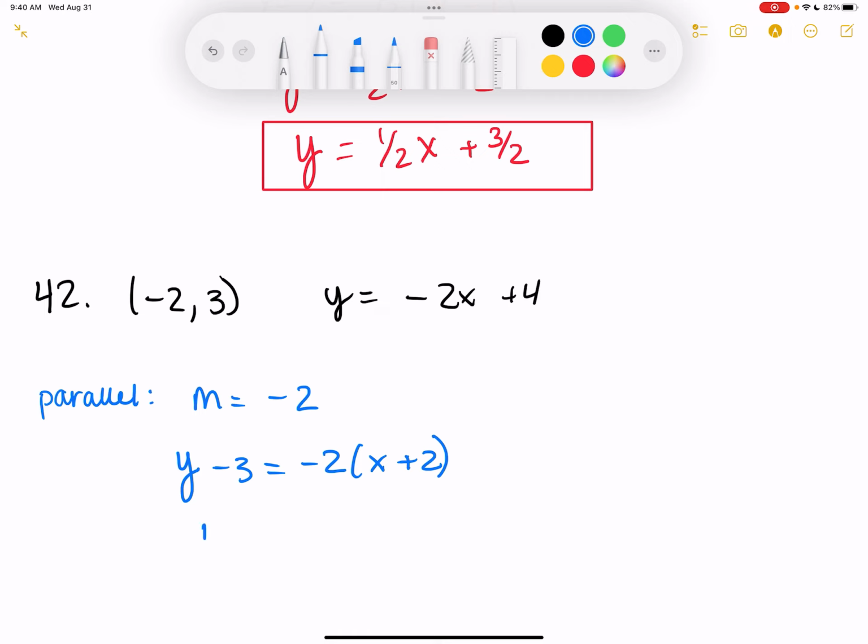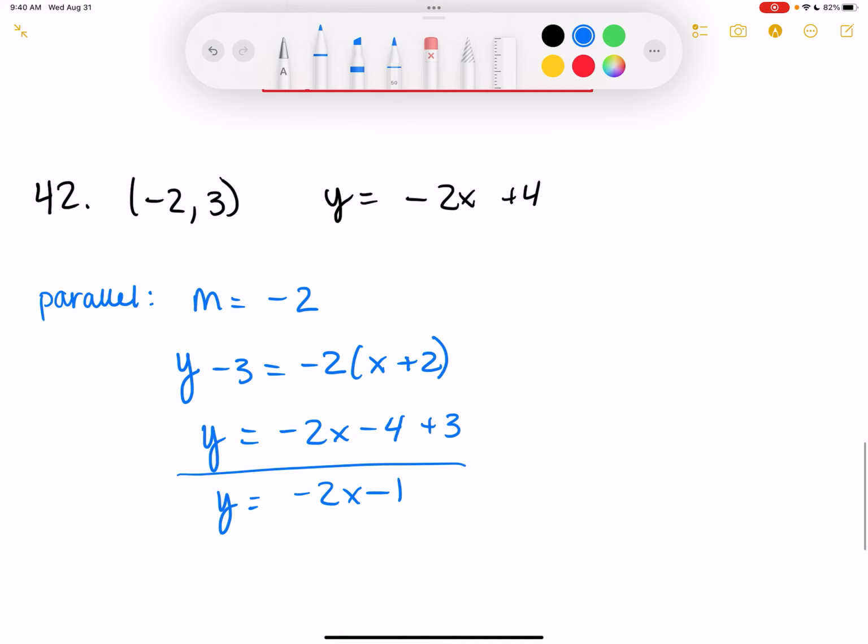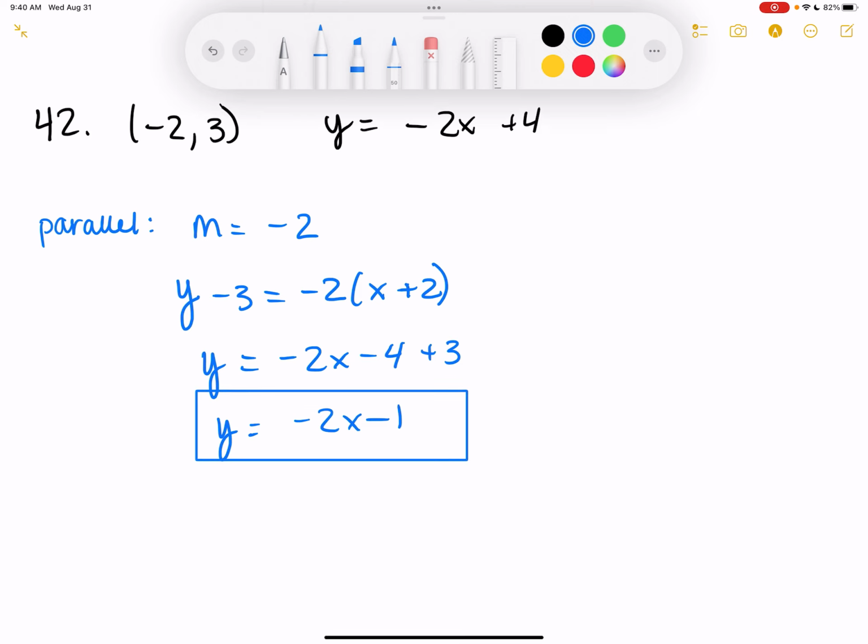Then y equals, I'm going to do this all in one step, negative 2x minus 4 plus 3. So y equals negative 2x minus 1. So there's your parallel line. It has the same slope, just a different y-intercept.